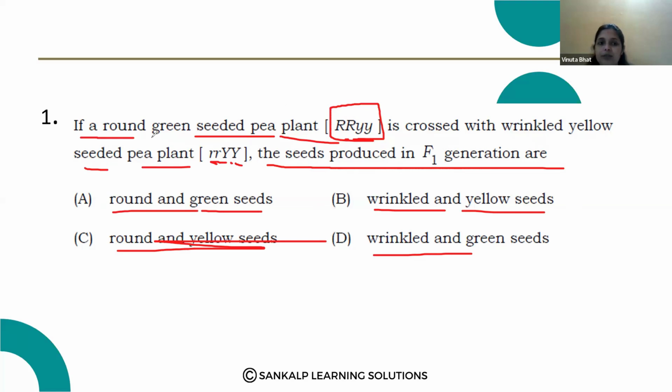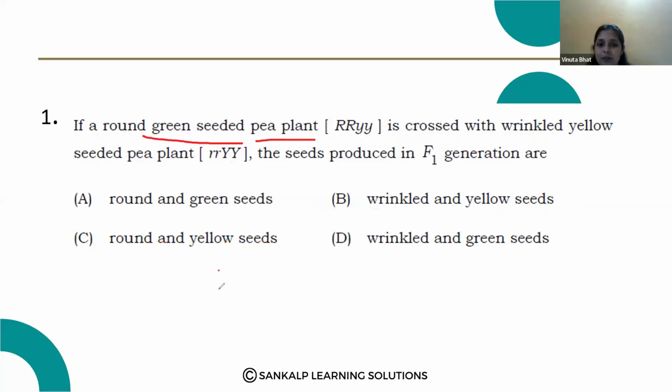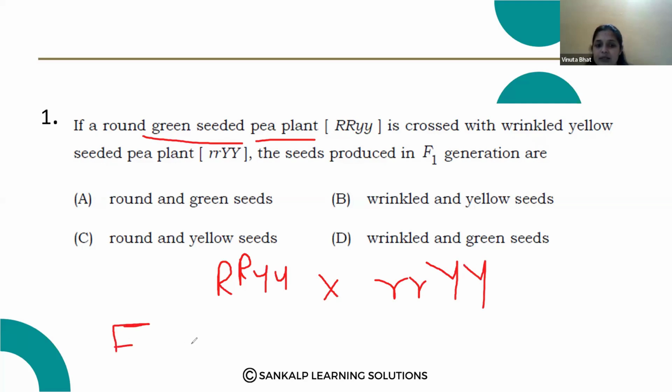Here, if a round green seeded pea plant, that is capital R, small y, is crossed with the plant that is wrinkled yellow plant, small r, capital Y. Here the gametes are capital R, small y, or the gametes small r, capital Y. The F1 generation plants will be capital R, small r, capital Y, small y.